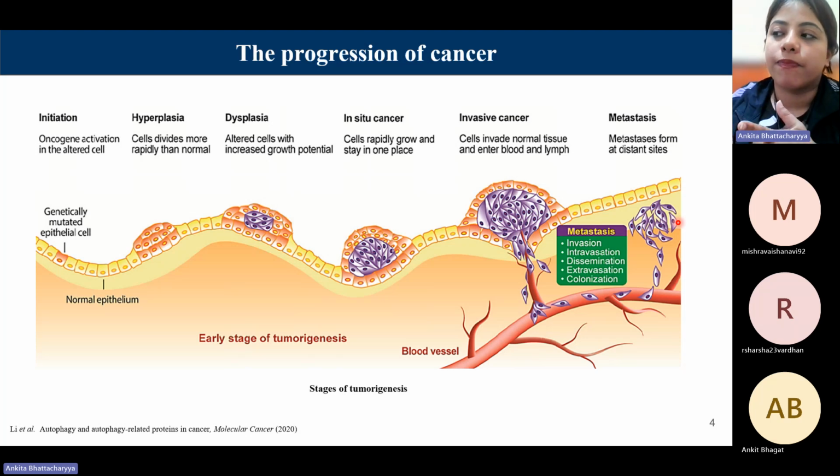I hope you haven't, but if you've ever come across somebody who has been diagnosed with cancer, there are different stages which are known. We will be discussing this when we talk about cancer statistics, that there are stages: stage 1, stage 2, stage 3, stage 4. All of these different categories have been subdivided, and the logic behind it is based on how far the cancer has spread, and some pathological staining is also done.